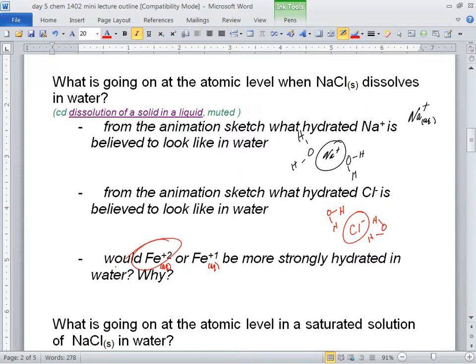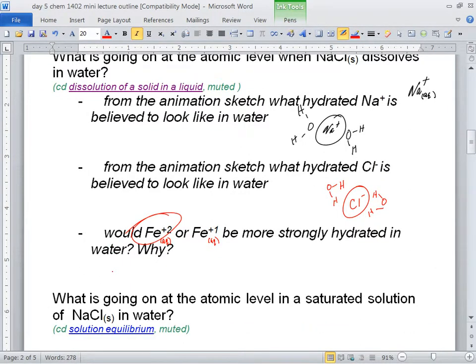Okay, so we're making solutions. You add a solute to a solvent, have it mixed up so it's in homogeneous concentrations, evenly spread throughout, you've got a solution. But you keep on adding the solute until you get something like this. Right?